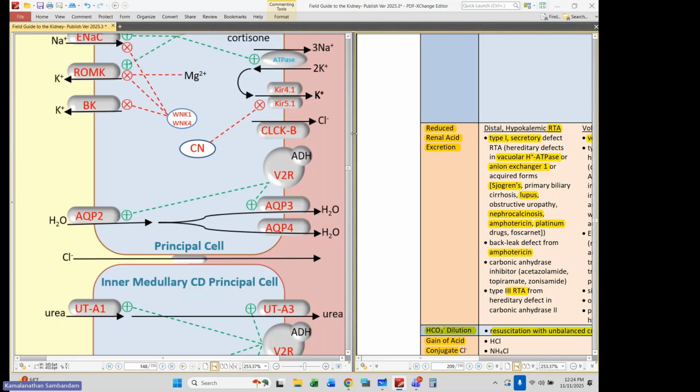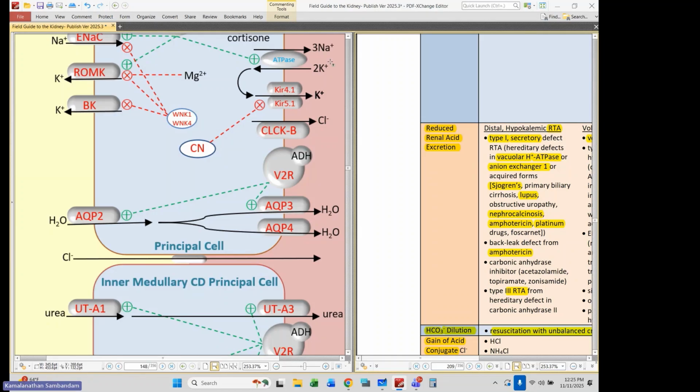Does that make sense? So in order to maximally acidify my urine, I need to be able to generate a lumen negative potential difference to start favoring the electrochemical gradient to favor more proton excretion.